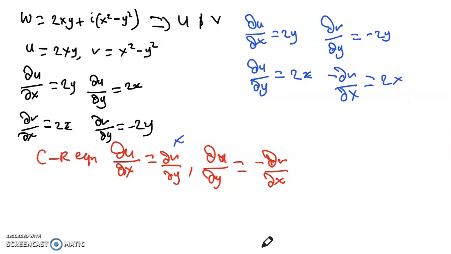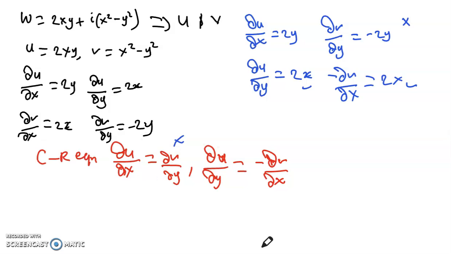This is okay because it is satisfied. But come back here, you will see that dou u dou x is 2y and dou v dou y is negative 2y. So this has failed.